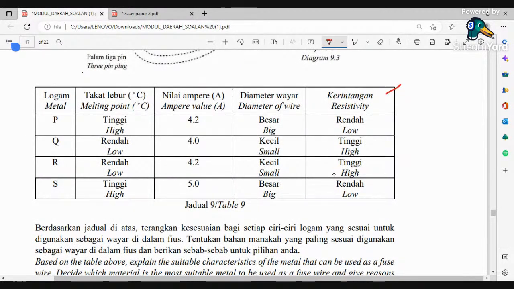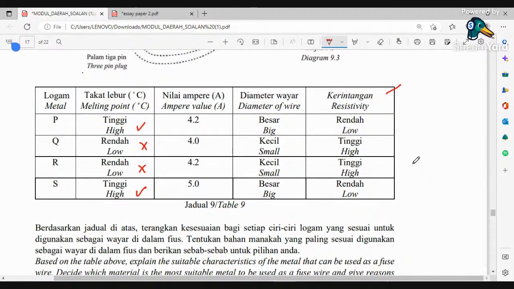We choose between high and low. Actually, it's not too high, not too low. It cannot be too low, because if it's too low, it will easily melt. So I will just take higher and remove the low one.